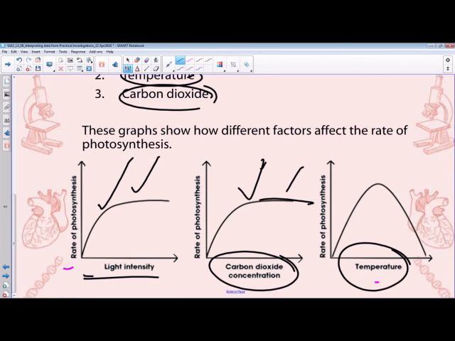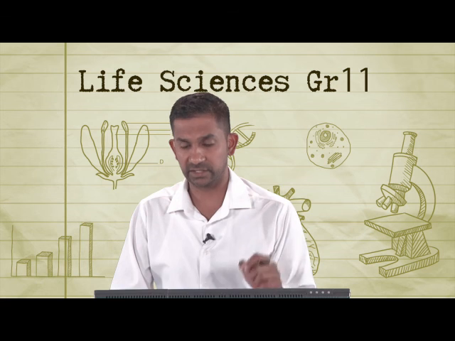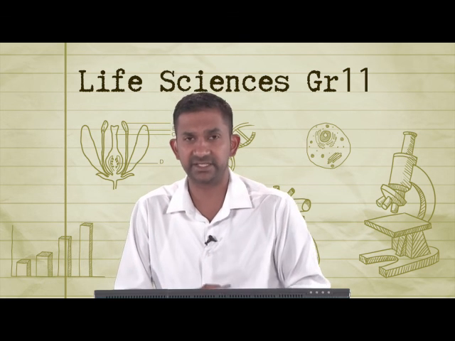Hence, we reach that optimal range. And finally, we looked at temperature. We said that because photosynthesis is driven by enzymes, the rate of photosynthesis is controlled by enzyme activity. And hence, if we keep changing the temperature, at some point it will denature the enzymes and cause a decrease in the rate of enzyme activity.